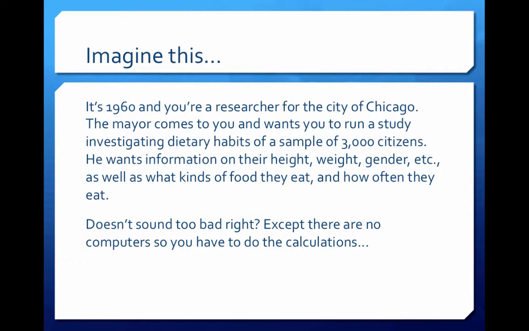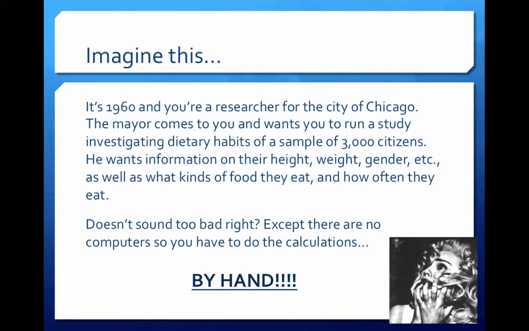Except there are no computers, so you have to do the calculations by hand. Can you imagine calculating the mean, the standard deviations, collecting all the information, and putting it all on paper, and then calculating everything by hand? It'd be crazy, right? I would tell the mayor, I want to stay sane, so I don't know about that.